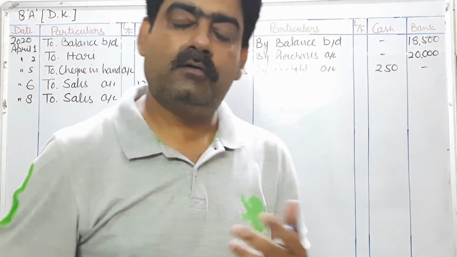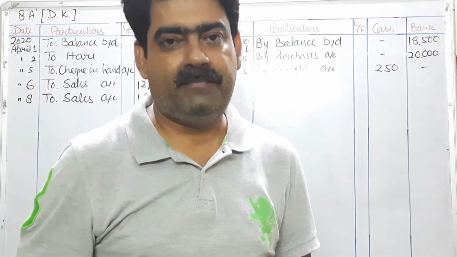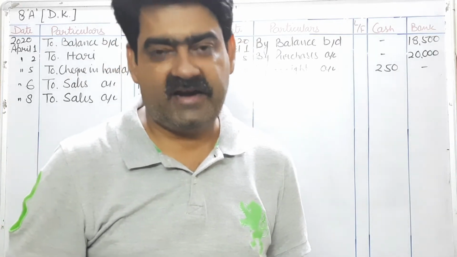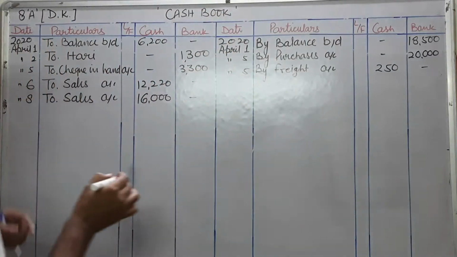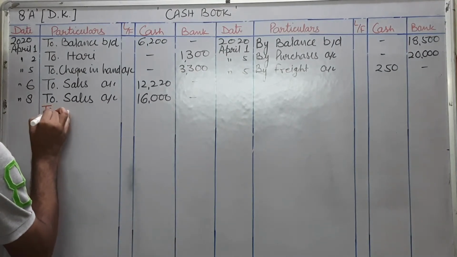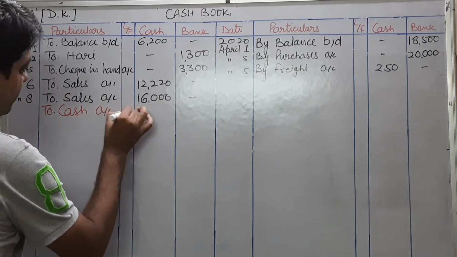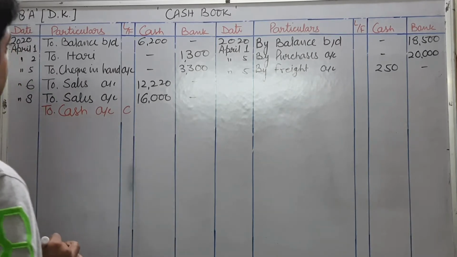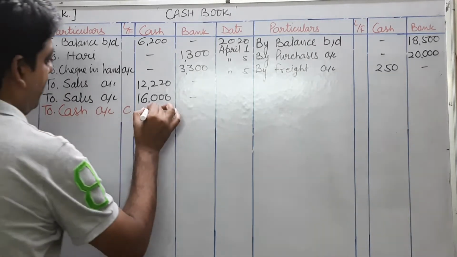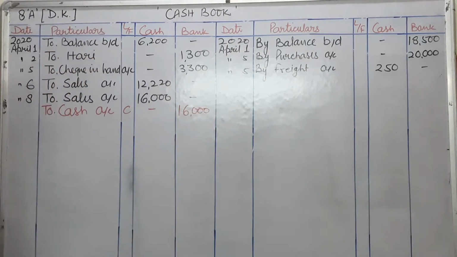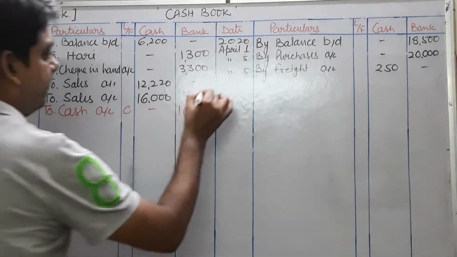bank. So the entry will be bank account debit to cash, and you know such entries are known as contra entries. So we will write bank account debit to cash. Very simple treatment will come to cash account. It will be denoted by C in the ledger folio column, and the amount will come in the bank column, and the date is April 9.